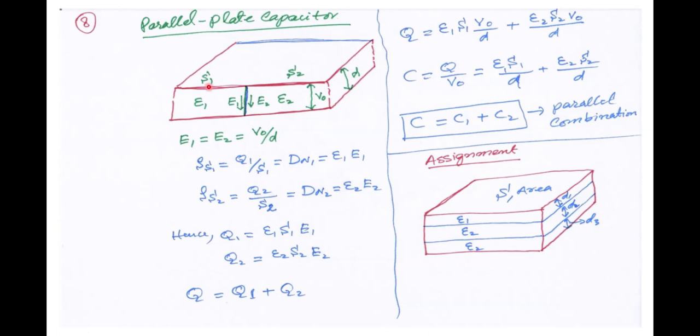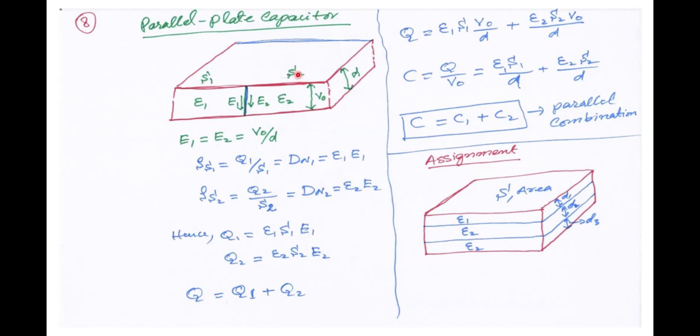S1 is the area of the conductor occupied by material 1, and this one is occupied by material 2. Now in this case the potential difference remains the same, but the charge distributions along S2 and S1 are different.